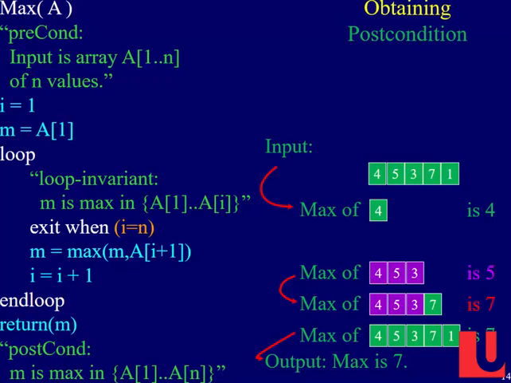The point I was trying to get to was, how did you know to make that specific statement as the loop invariant? That's a very good question. When I first started teaching here, my answer was, it's an art form, like painting a Picasso. You have to know how to come up with loop invariants.